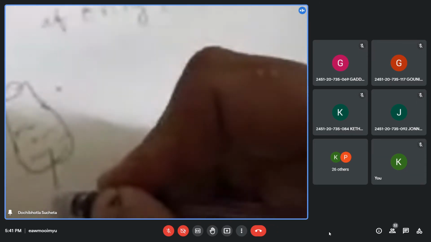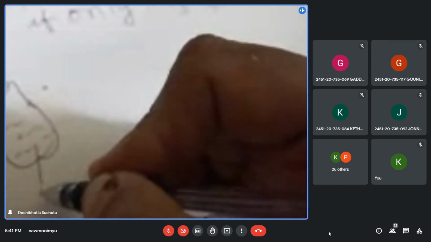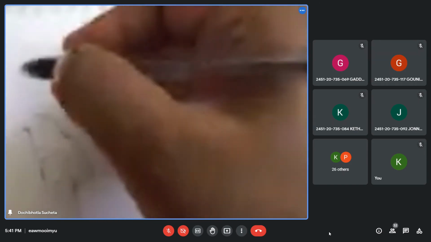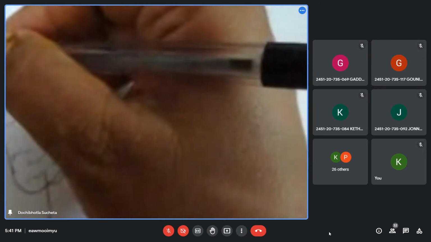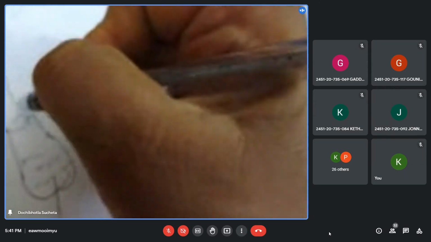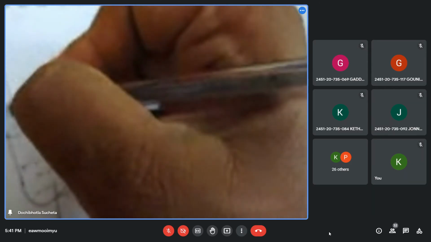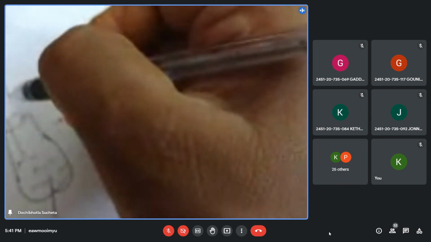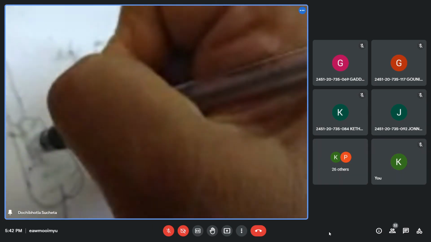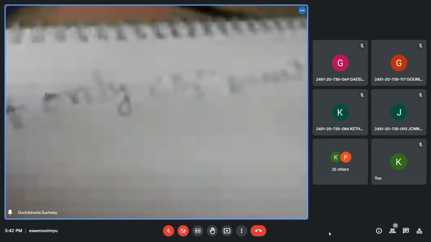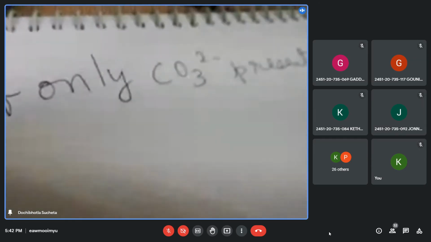Does the carbonate ion give color with phenolphthalein indicator? Does phenolphthalein indicator give color with carbonate ion? Come on, kids, quickly.